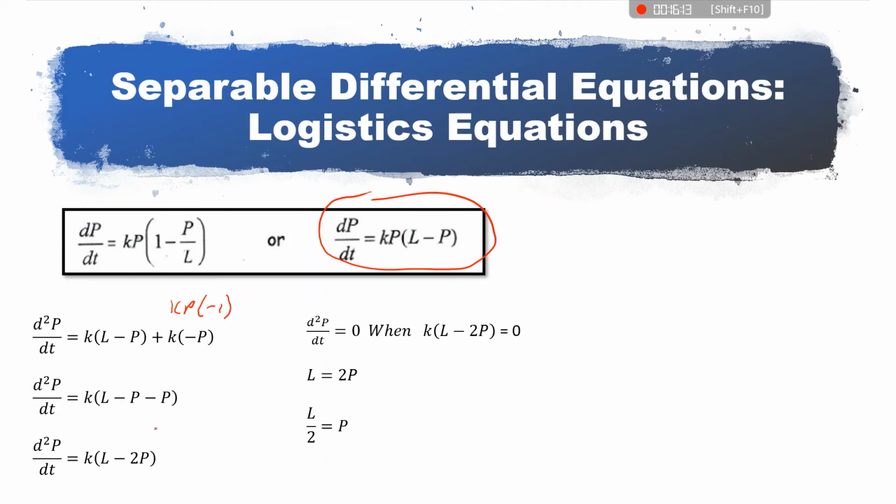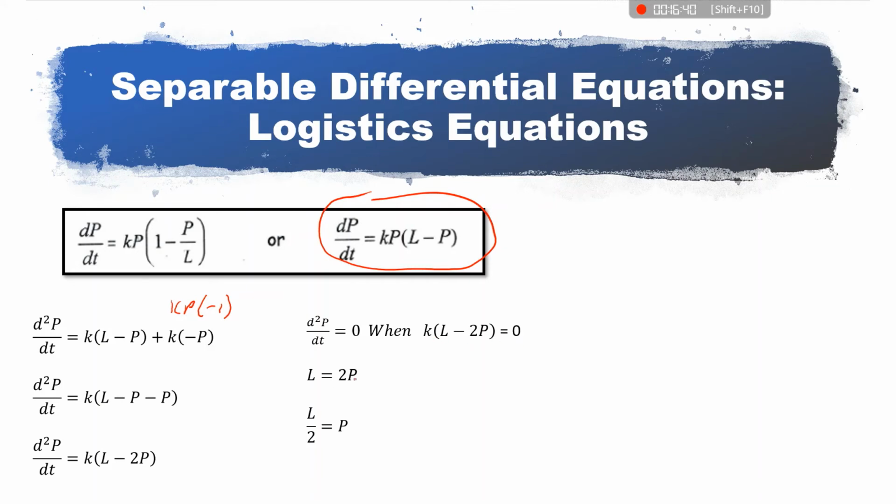If I wanted to set this second derivative equal to 0 to figure out when the concavity will change, so when does our population stop accelerating its growth and start decelerating its growth? I can say 0 equals k times L minus 2p, which was our second derivative. k is a constant, so I can divide both sides by it and it will cancel.